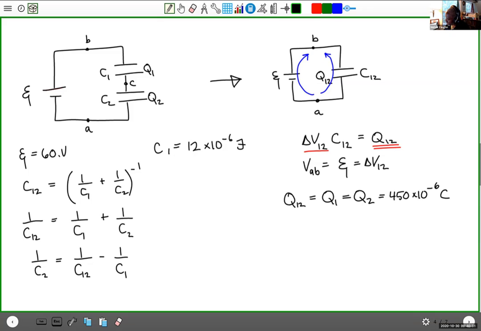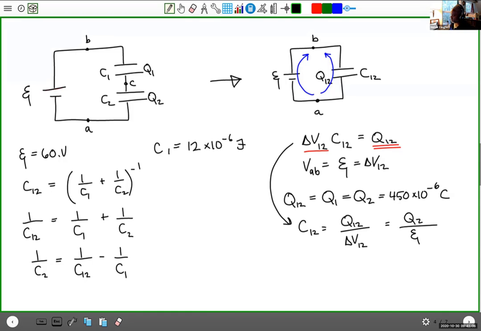So now that we know the voltage across our equivalent capacitor and the charge on our equivalent capacitor, we could determine the equivalent capacitance. The equivalent capacitance is just the ratio of the charge on our equivalent capacitor to the potential difference of our equivalent capacitor, which is equal to the ratio of the charge on capacitor 2, which is what we're given, over the EMF of the battery, psi.